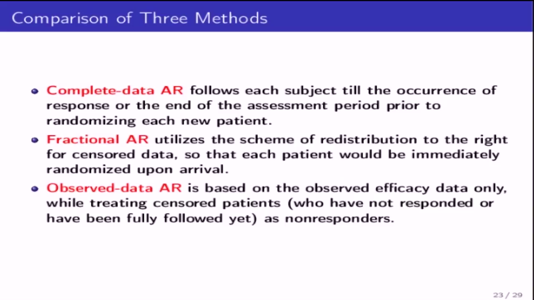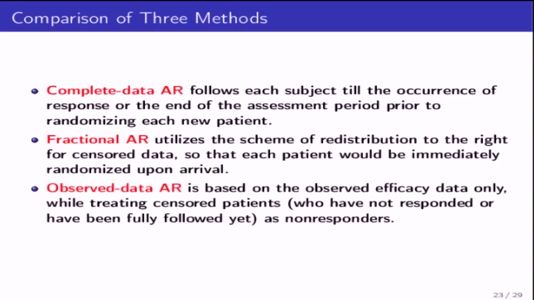The third method we consider is observed data AR. In observed data AR, you only use the observed efficacy data, while you treat censored outcomes as non-responders. For example, if the subject is censored and you have not observed a response yet, you consider that subject a non-responder. So it's a kind of naive method.